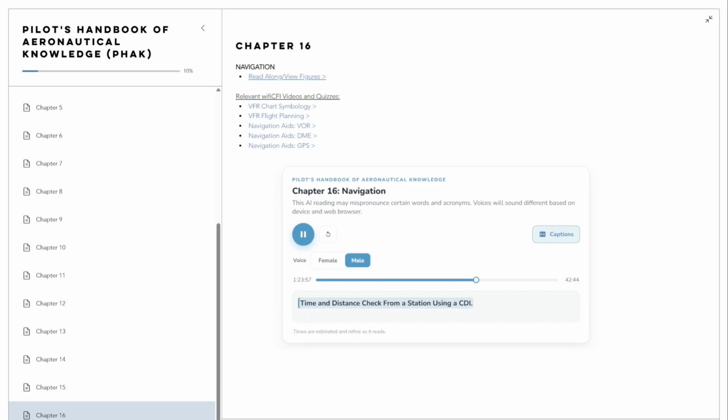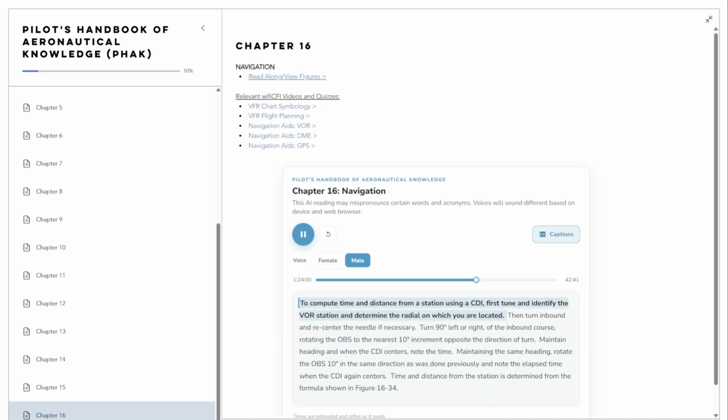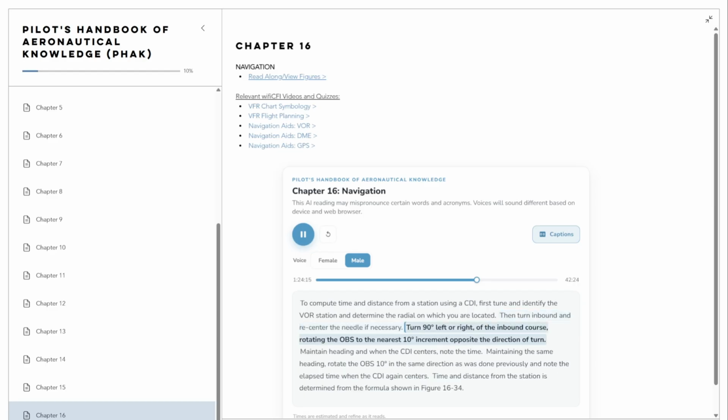Time and distance check from a station using a CDI. To compute time and distance from a station using a CDI, first tune and identify the VOR station and determine the radial on which you are located. Then turn inbound and re-center the needle if necessary. Turn 90 degrees left or right of the inbound course, rotating the OBS to the nearest 10 degree increment opposite the direction of turn.